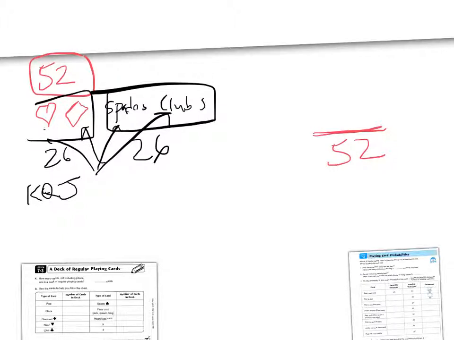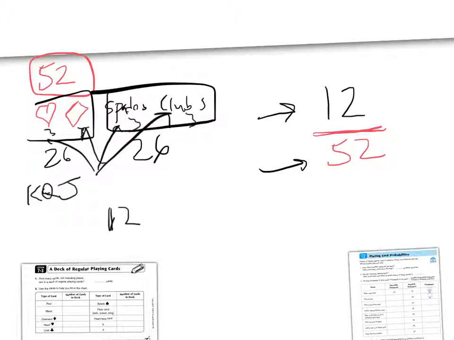So if there are 3 face cards for each suit, that would give you 12 face cards. And knowing that there are 12 face cards, if I said, what are the chances that you pick a face card out of a deck, as a fraction, it would be 12 out of a 52 chance, because there's 52 cards, 12 of them are face cards.